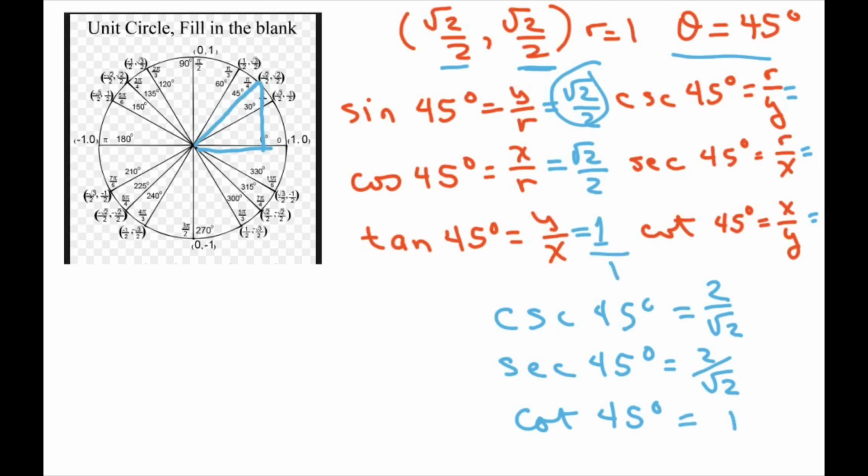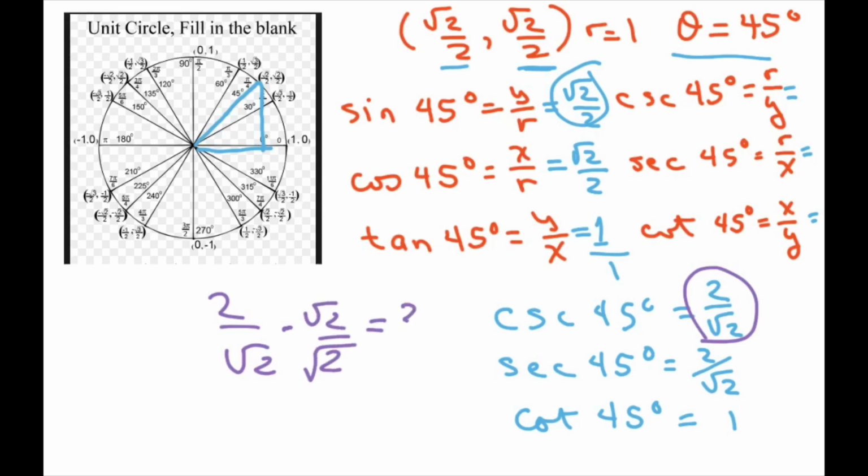Now we want to rationalize the denominator here. So 2 divided by square root of 2 times square root of 2 over square root of 2. That's going to be 2 square root of 2 divided by 2, which is just square root of 2. Square root of 2, square root of 2. We're in quadrant 1, so everything's positive.